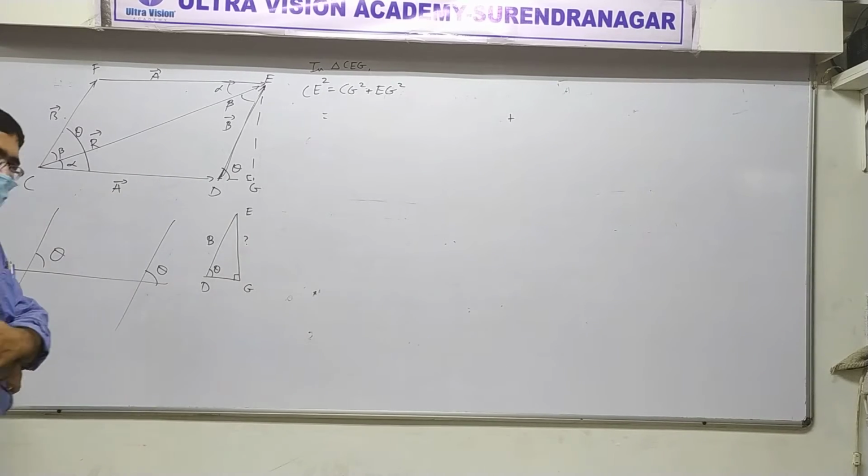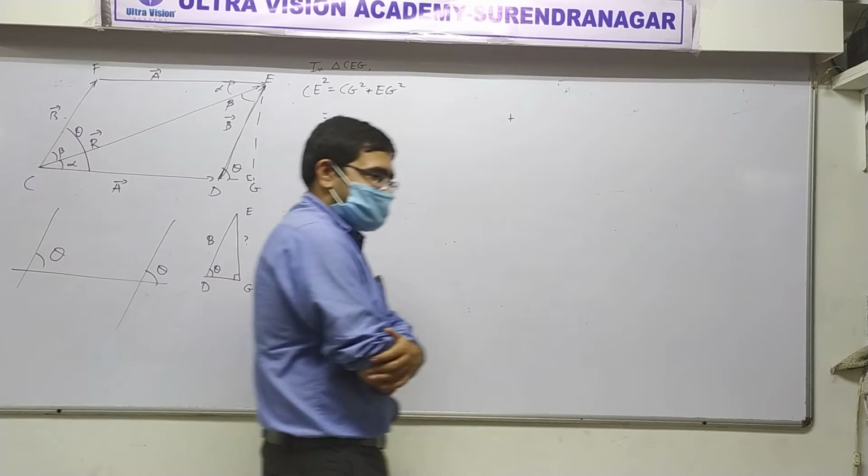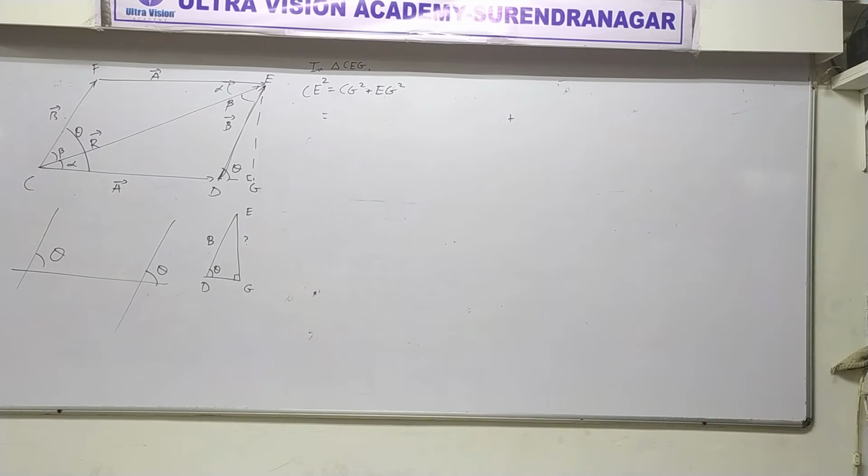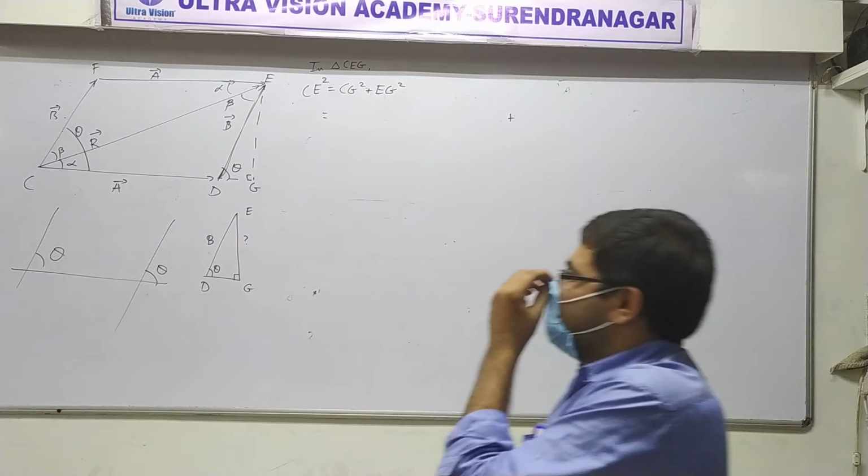Theta equal to EG, quite evident. What did you say? Theta equal to opposite upon hypotenuse. Sin theta is opposite upon hypotenuse. Correct.